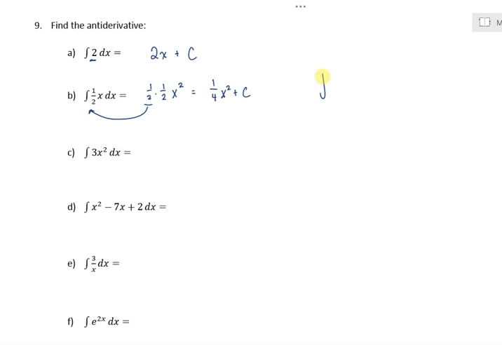If you're forgetting the rule, taking the antiderivative of x to some power is the opposite of taking the derivative. You do x to the n plus 1, and then you multiply it by 1 over n plus 1. In other words, you divide by n plus 1. I don't know how that one got so tall.